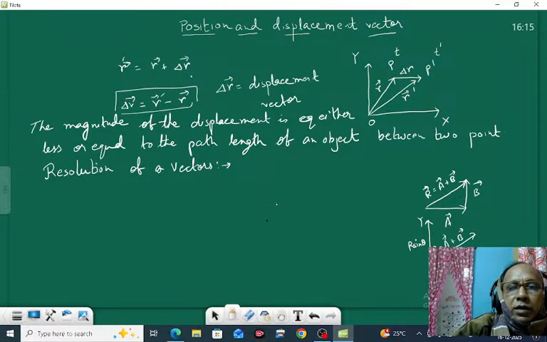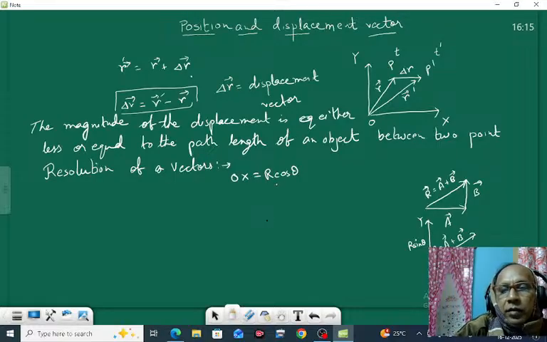How to resolve the vector? Along the OX direction it is R cos theta, where theta is the angle between the R vector and the OX vector, or you can say this vector, that is A vector.